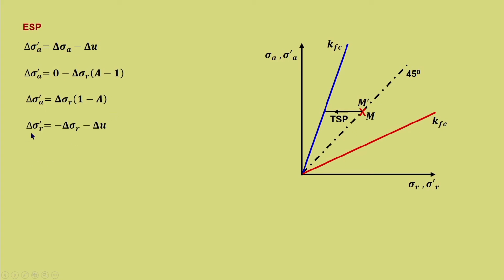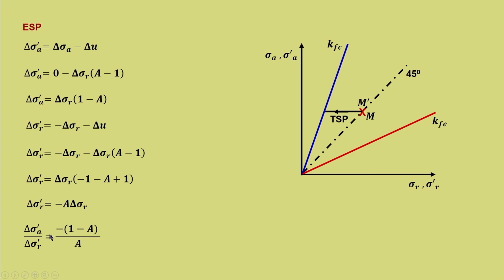And delta sigma R dash is equal to minus delta sigma R minus delta U. So, delta sigma R dash is equal to minus delta sigma R, substituting for delta U, minus delta sigma R (A minus 1). So, delta sigma R dash is equal to delta sigma R into (minus 1 minus A plus 1). So, this minus 1 plus 1 goes away. So, it gives minus A into delta sigma R.